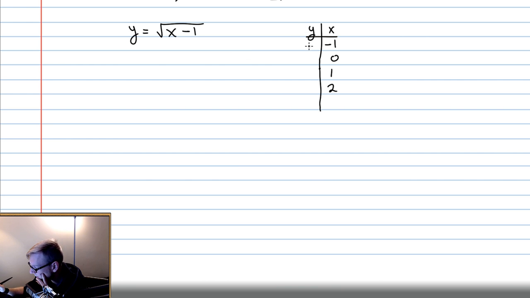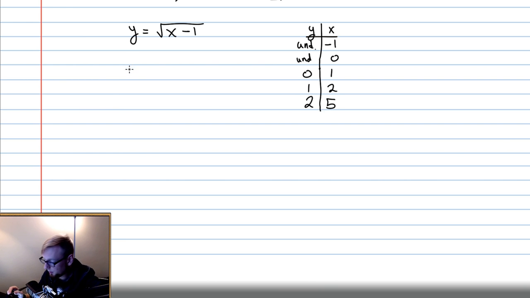It's finicky. It doesn't work. Undetermined, or no value. When it's 0, we still get negative 1, and it's undetermined. When we get 1, we get 0, and 2 minus 1 is, well, 1. If it's, let's say, 5 will be a good value, then 5 minus 1 is 4. The square root of 4 is 2.